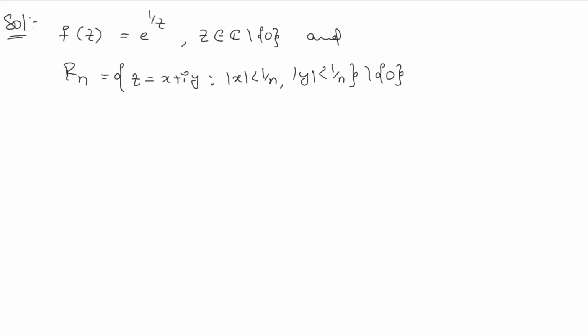What does this mean? The set Rn is nothing but, taking these two axes as the x and y axis and the whole as the complex plane, we have these points 1 and minus 1, and this point is i and this point is minus i approximately. Then the set Rn is given as this.